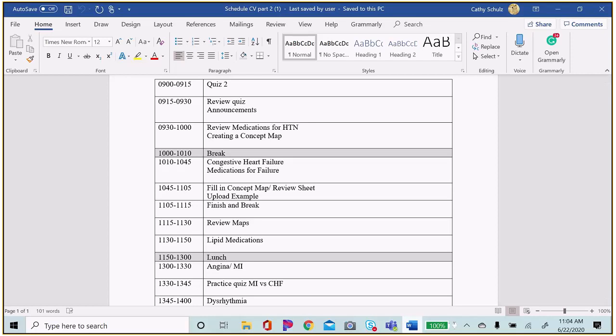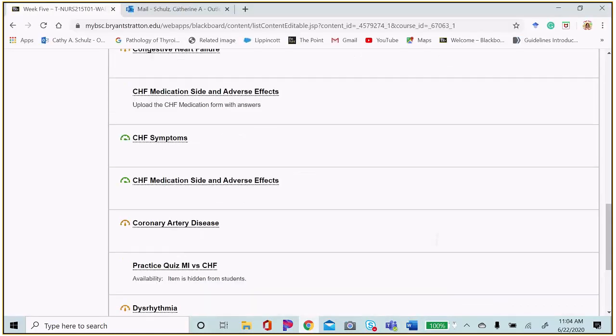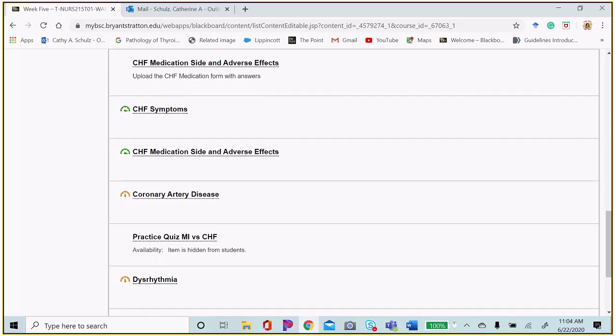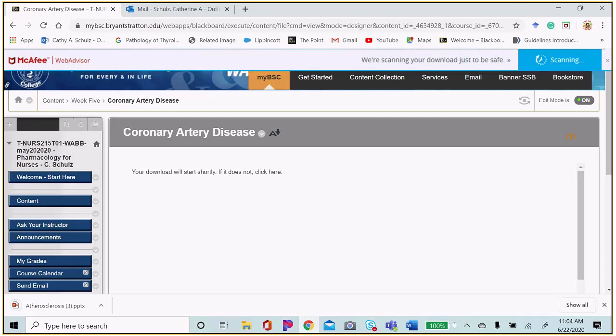So now we will turn to and begin talking. We'll finish the lipid medications and start angina before a lunch break. All of this information is on the PowerPoint listed coronary artery disease.